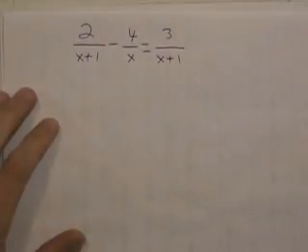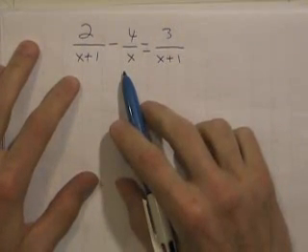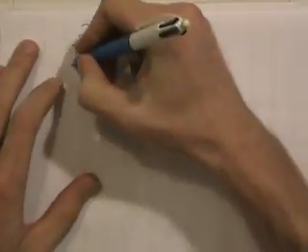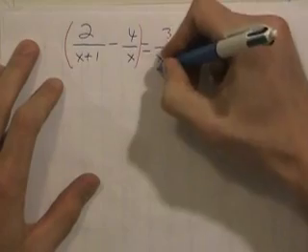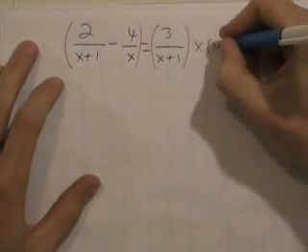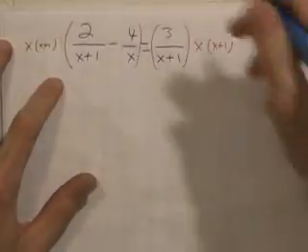Next one was very similar, only it has two different denominators. So I like to clear them once from the beginning, so I'm going to have to multiply by something that has both x and an x plus 1 in it. So since I want to cancel them both, I'll multiply both sides by x times x plus 1 and x times x plus 1.